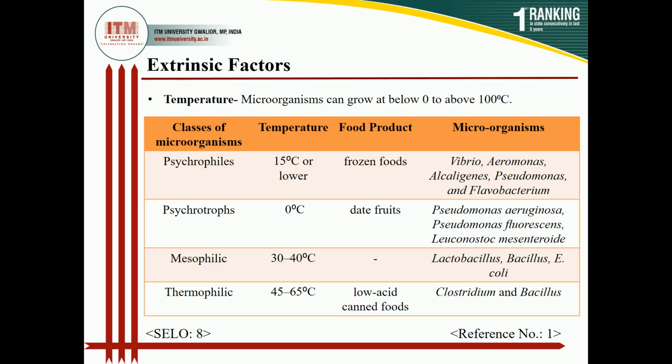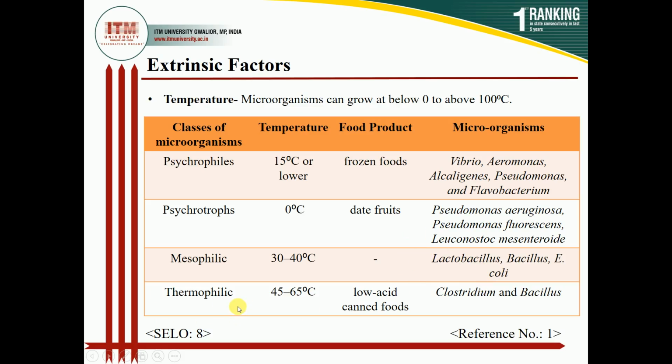The optimum growth temperature of mesophiles is around 30 to 40 degrees Celsius, the minimum temperature is around 10 degrees, and the maximum is around 45 degrees Celsius. Lactobacillus, Bacillus and Escherichia coli are some food spoiler bacteria.